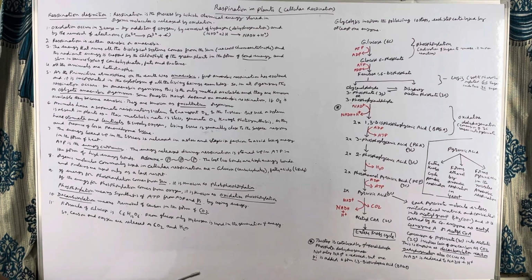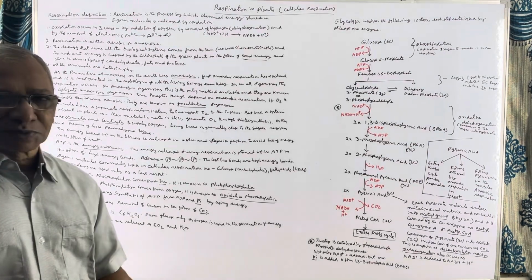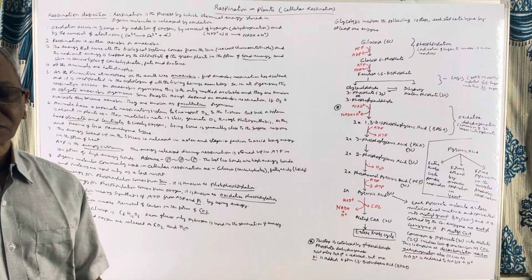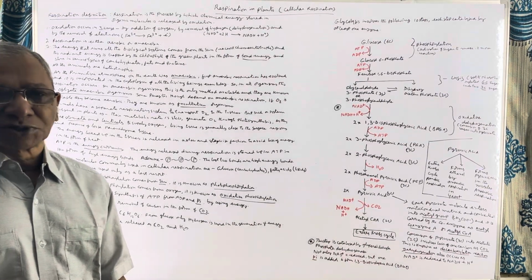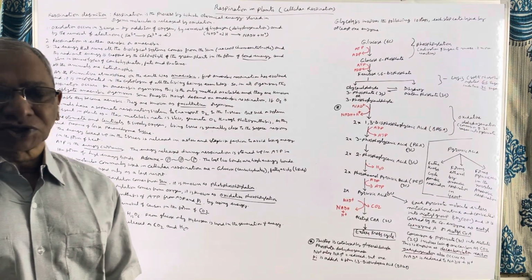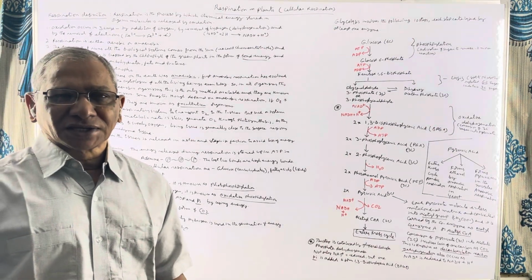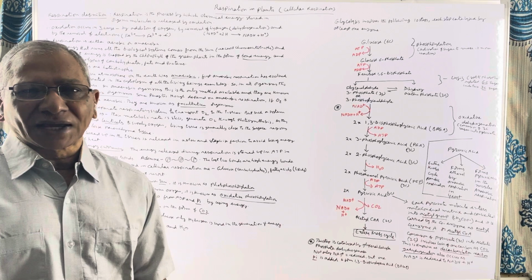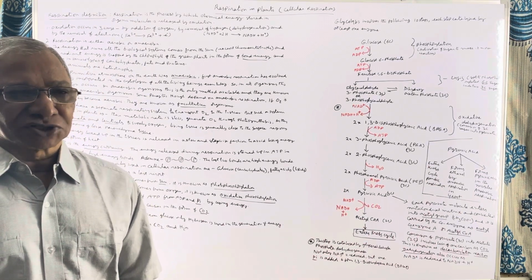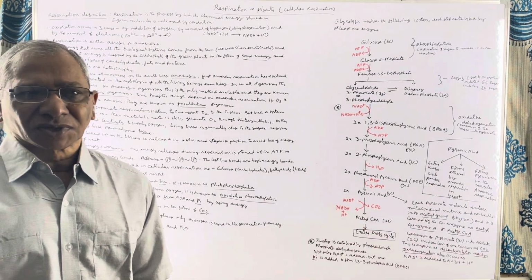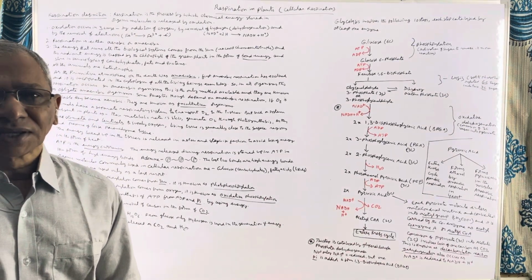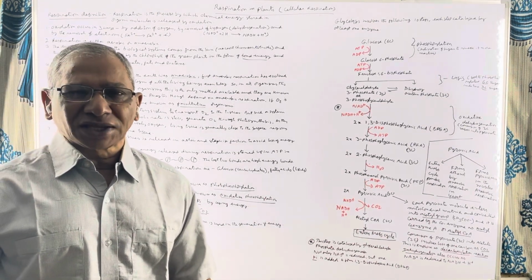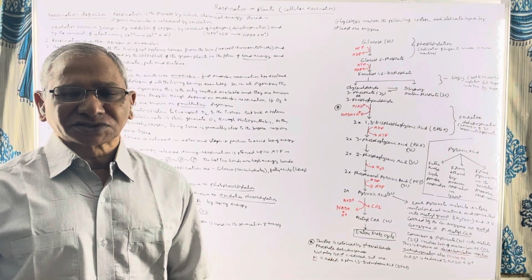Then, coming to the process of respiration, it is of two types: aerobic respiration and anaerobic respiration. Anaerobic respiration does not require any oxygen, whereas aerobic respiration requires oxygen. Anaerobic respiration is a very primitive one, and this is present in all the living beings.